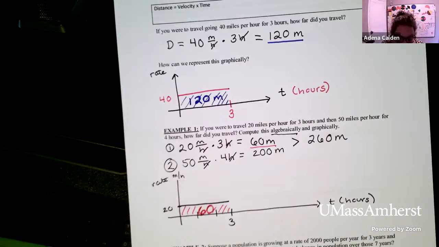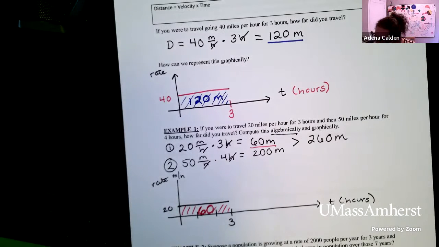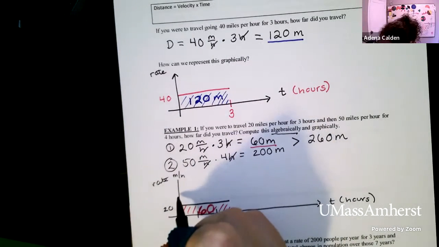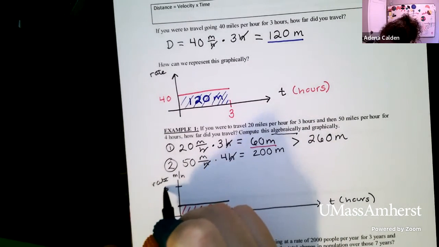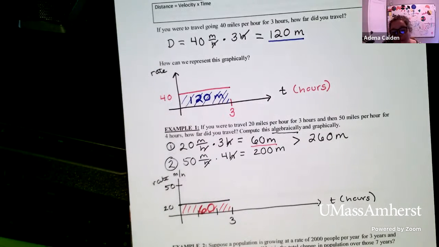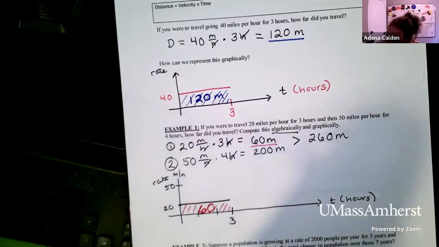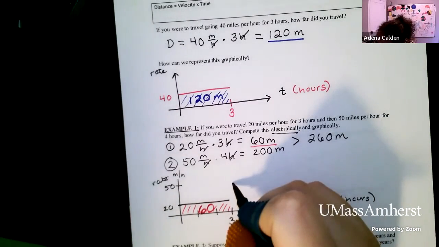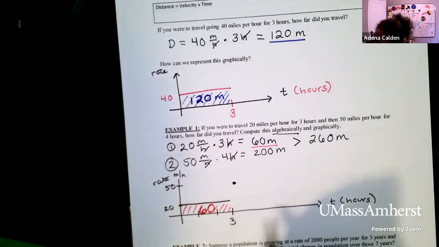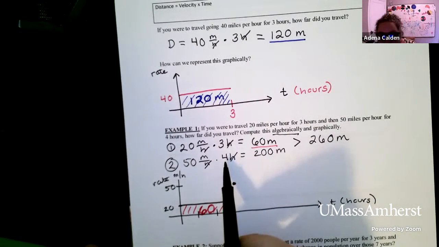Now the second leg of the trip, we're going 50 miles an hour. Now, so if 20 is here, 50 is probably somewhere up here. The 50 miles per hour starts after the 20 miles per hour ends, right? Like it's a second leg of the trip. So from here, we're going to start at 3, but we're going for 4 hours.